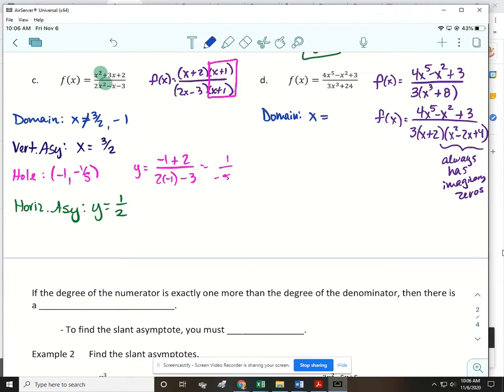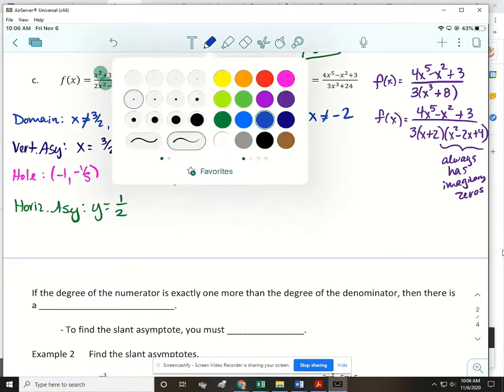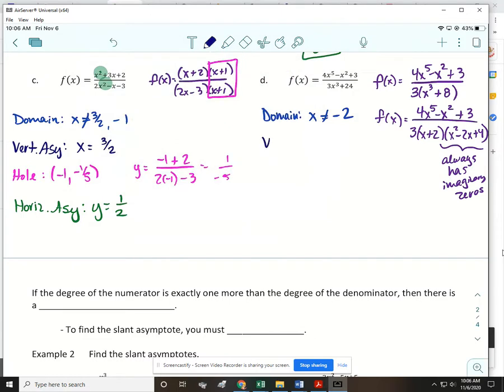So the only thing x cannot be in this case is -2, because that would give us some non-zero number over 0. The vertical asymptote is going to be that same because we don't have anything we can box off. And because we didn't have anything we could box off, there is no hole.